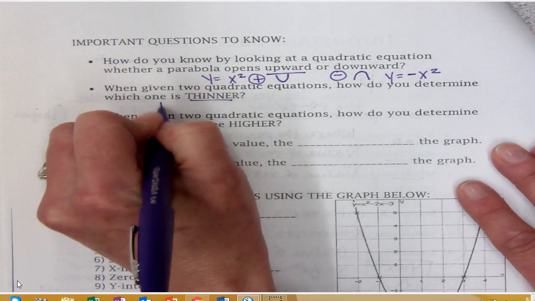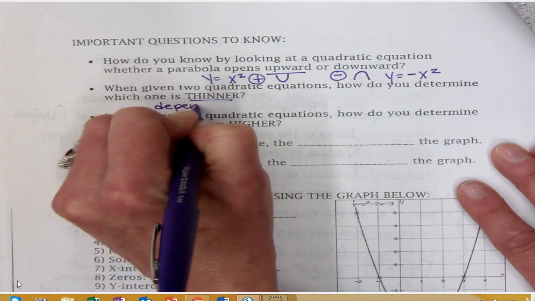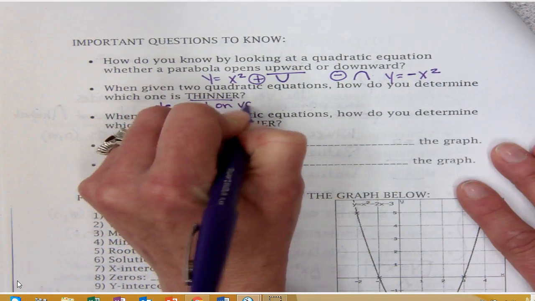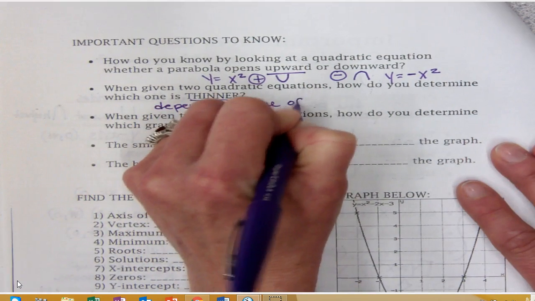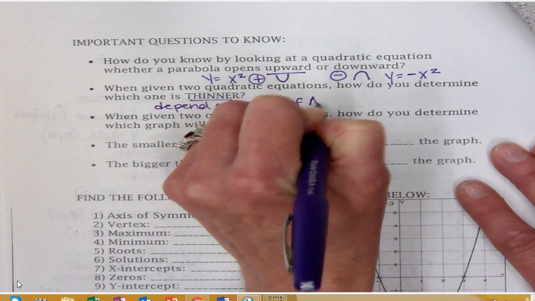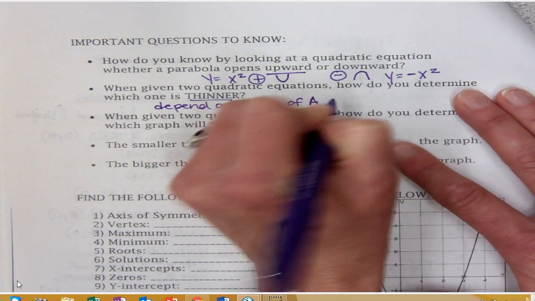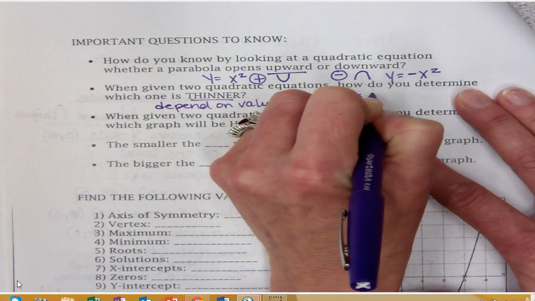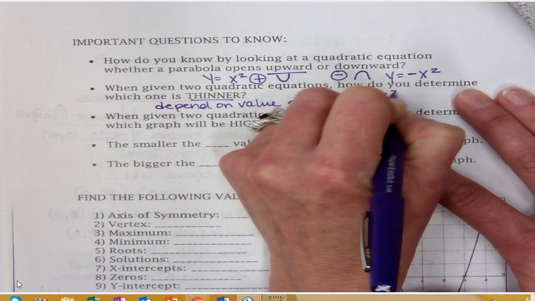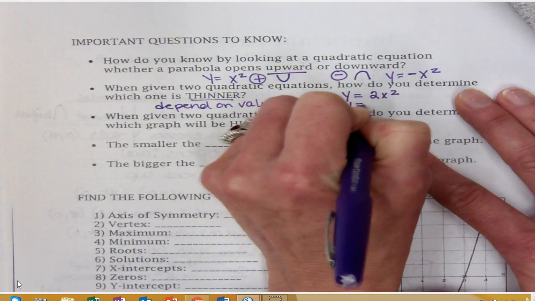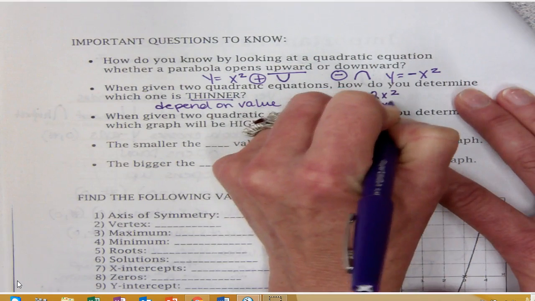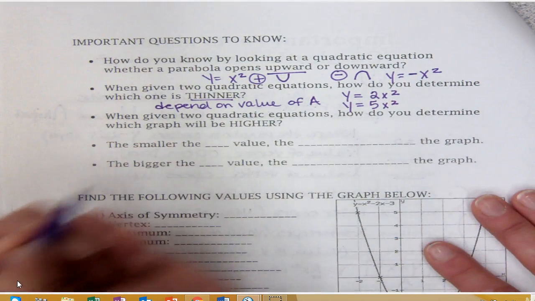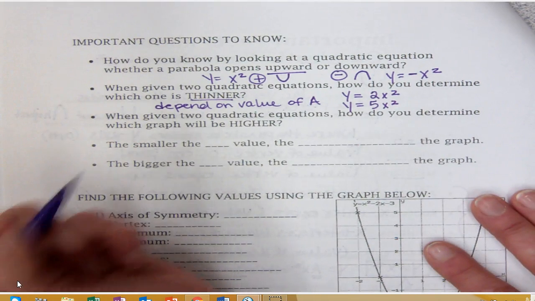That is going to depend on the value of a, which is the coefficient. So if I have y equals 2x squared and y equals 5x squared, which do you think is going to be fatter or thinner?